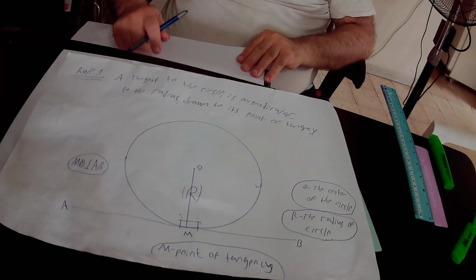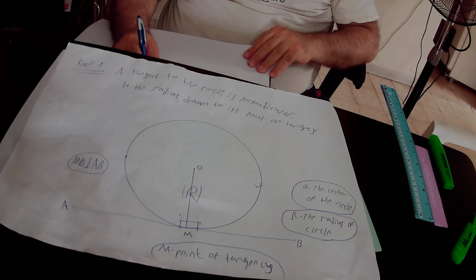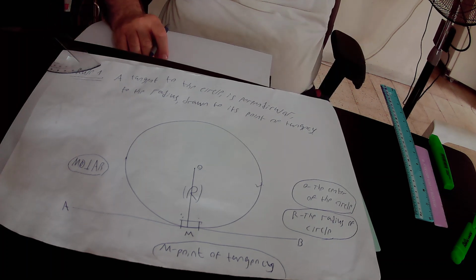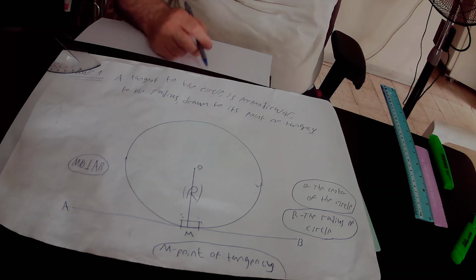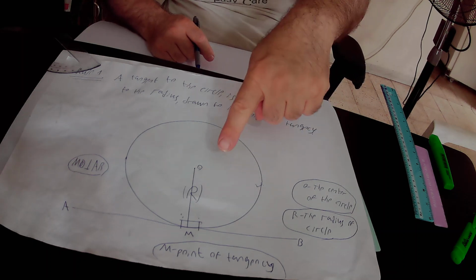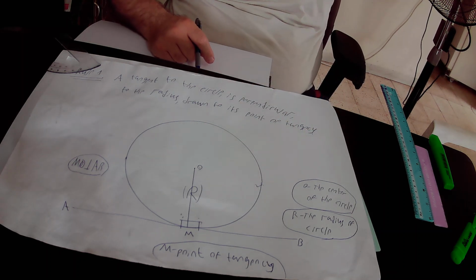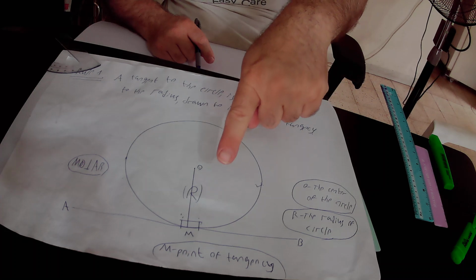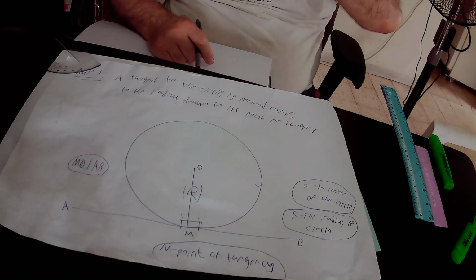According to rule 1, a tangent to a circle is perpendicular to the radius drawn to its point of tangency. So in the drawing we have a circle, and OM is the radius R of this circle, and according to rule 1, line segment AB is perpendicular to the radius MO of this circle.